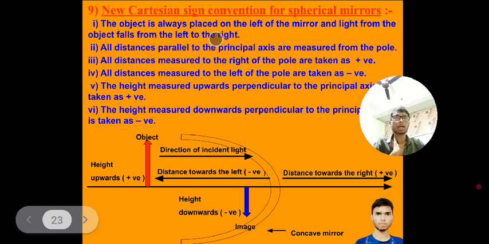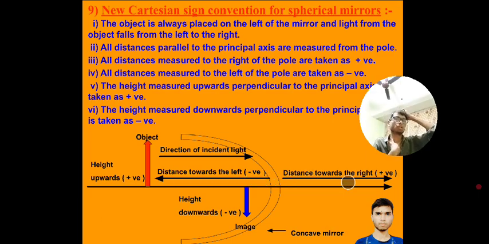The object is always placed on the left of the mirror and light from the object falls from the left to the right. The distance directed toward the incident ray, towards the left, would be negative and this would be positive.